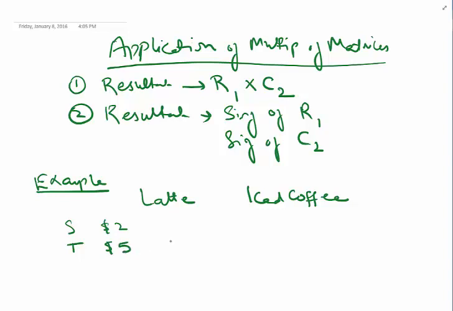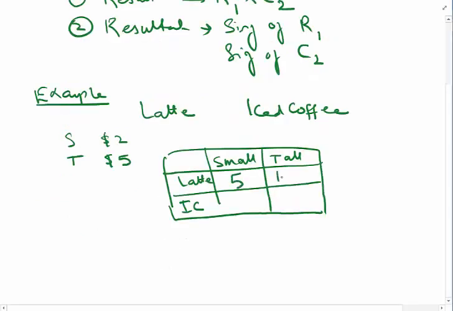During a specific time of a day, the number of latte and iced coffee sold are given as 5, 10, 12, 3. So we can say in a specific time of a day, we observe that a coffee shop sold 5 small latte, 10 tall latte, 12 small iced coffee, and 3 tall iced coffee, right?